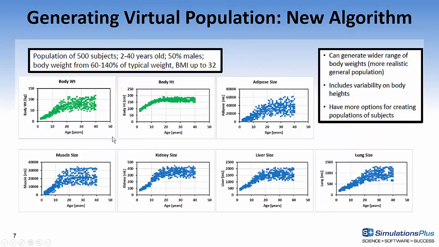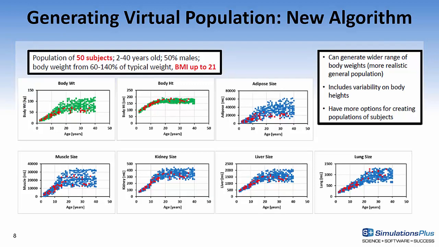This slide shows the same number of subjects and ages as the previous slide with the previous version of the software. And here you see that the body weight variation is much larger. And also there are not these gaps in the body height. So we generated much better variability, and there are more options for creating populations of different subjects.